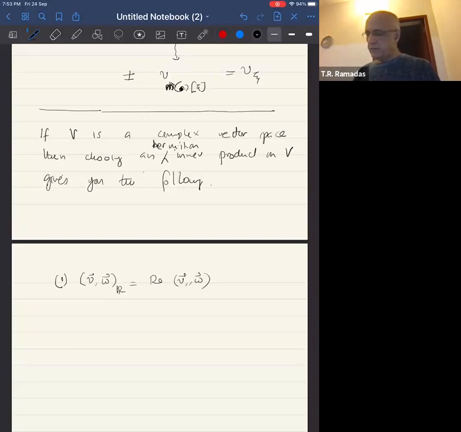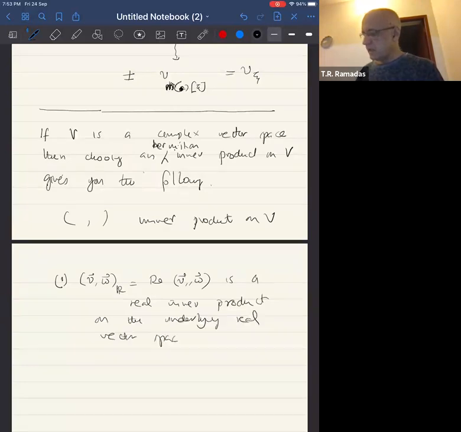This is the inner product on V, a real inner product on the underlying real vector space V_R.